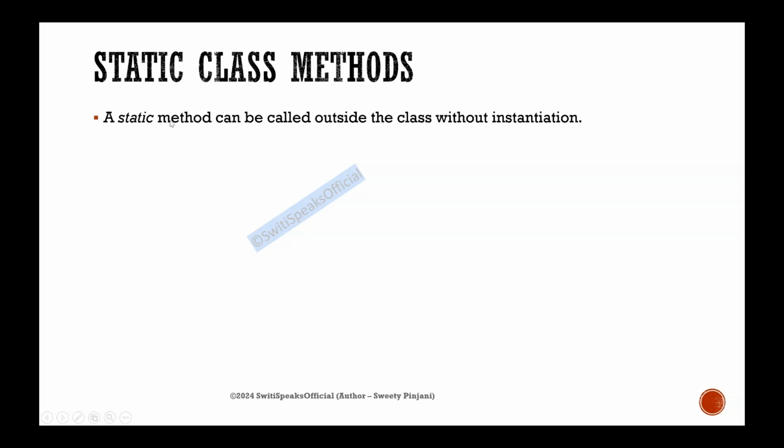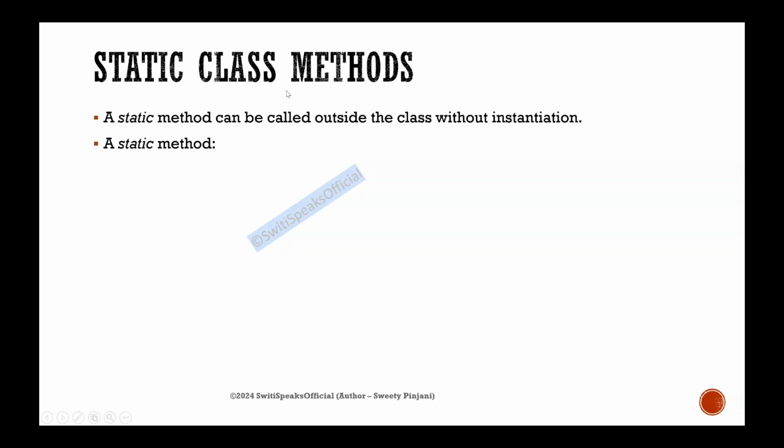Why? Because this is at the level of the class, not at the level of the object. That's the meaning of static. We saw in the previous lectures that whatever you declare as static is at the level of the class, not at the level of the object. That's why whenever you declare any method as static, it can be called outside the class without even instantiating that class.